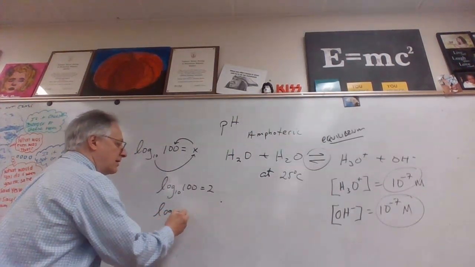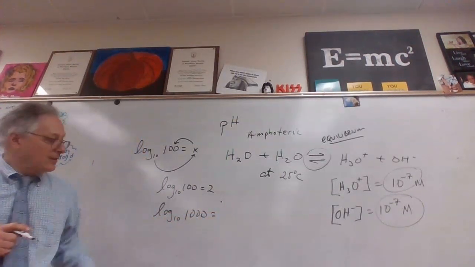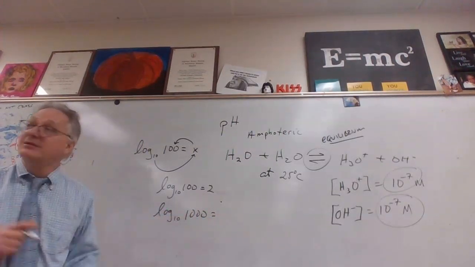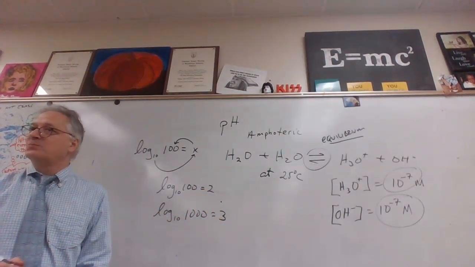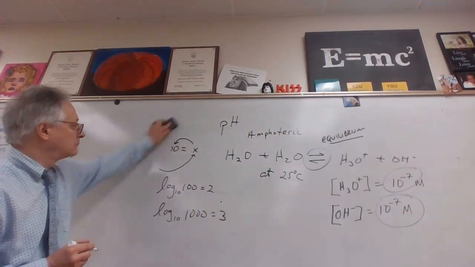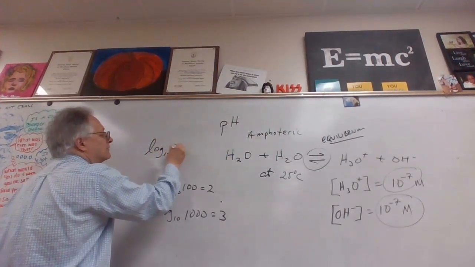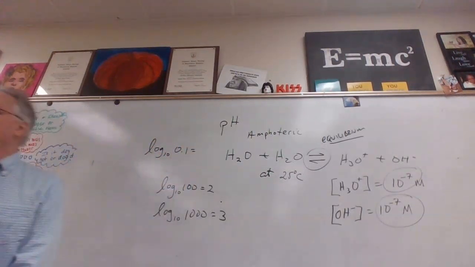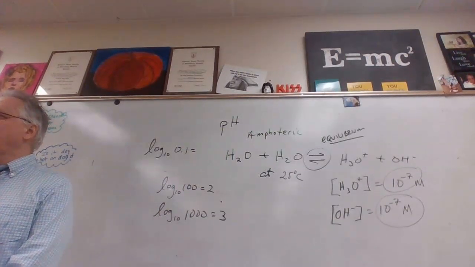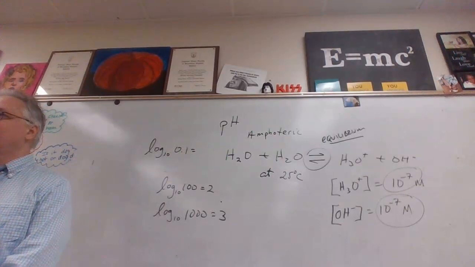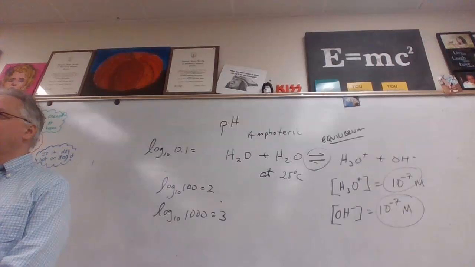How about the log base 10 of 1,000. What's that going to be? What do I raise 10 to get 1,000? Yeah, it's 3. How about this one? Log base 10 of 0.1. What do I raise 10 to get 0.1? -1.